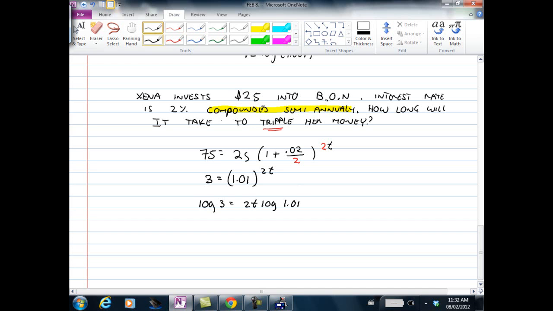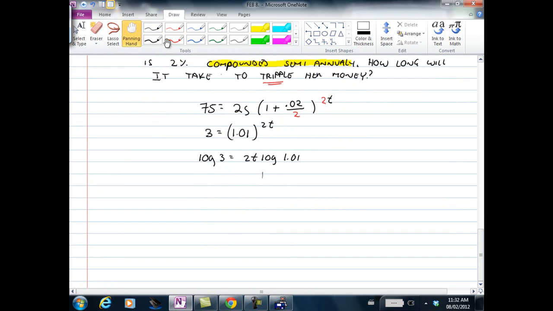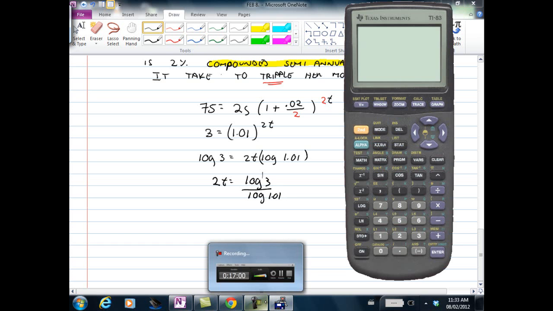If you want to do it slowly, I'm going to show you the slow step so you can follow along. I'm going to move the log over first. Let's bring all this over. So you have 2t equals to log 3 divided by log 1.01. Let's just divide this in our calculator right now.